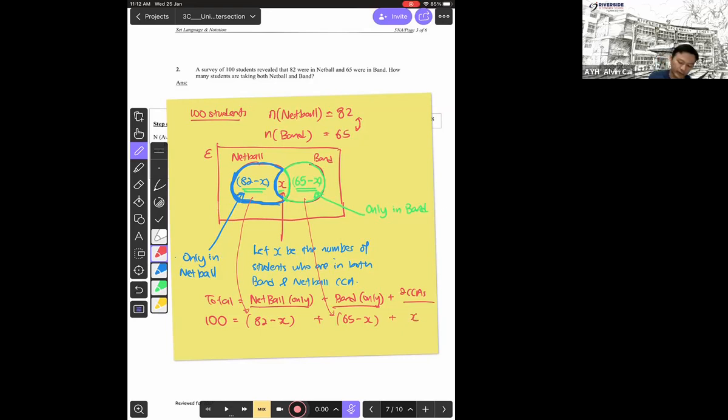Okay, so if we do the mathematics over here, 100 equals 147 minus X. So if we do the math, X will be equal to 47. So this is the question that they're asking: how many students are taking both netball and band?